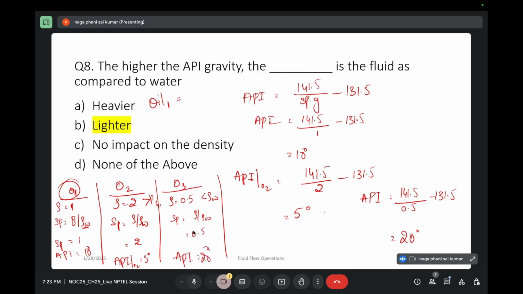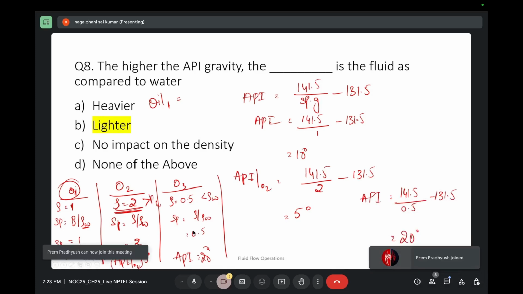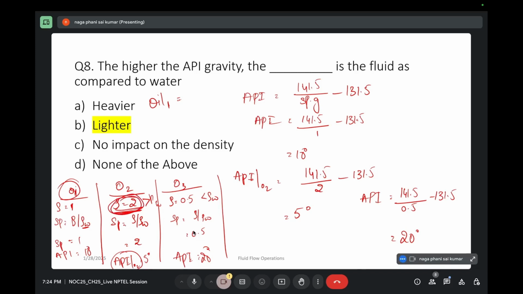So if you observe, liquids which have density more than water have lower API, which is less than 10.